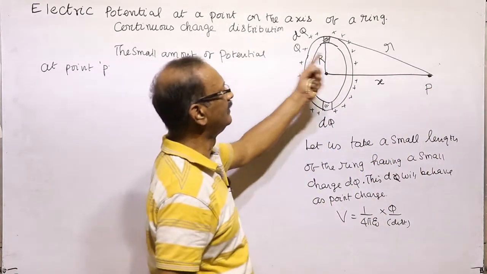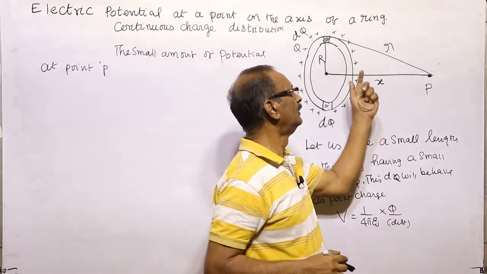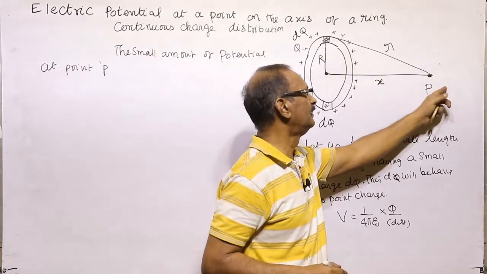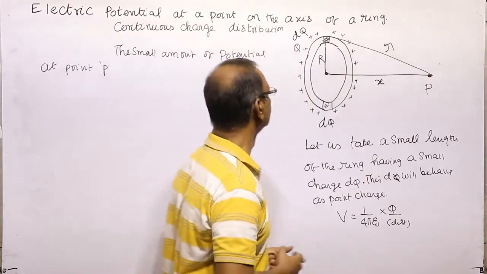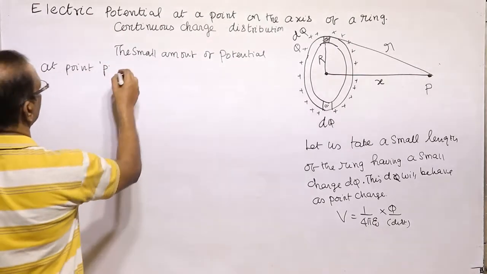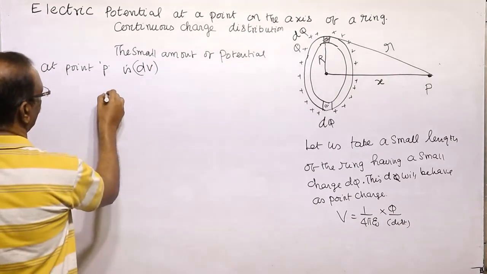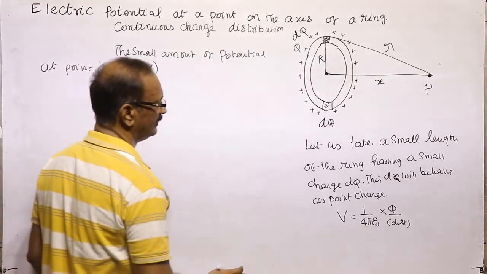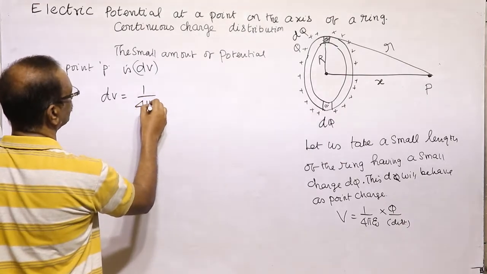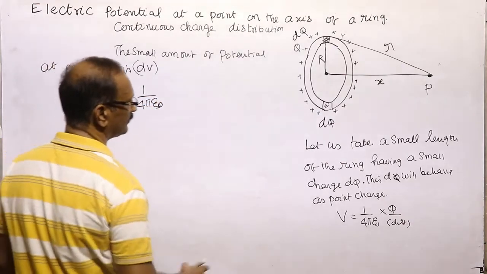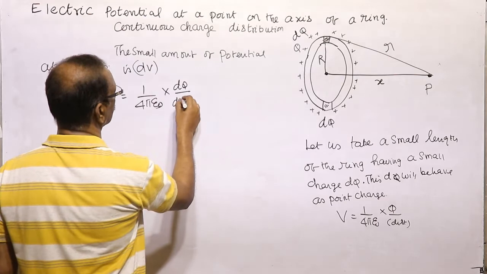So the ring is giving an electric field also, and we want to find out the potential due to the small portion of the charge at this point, and hence we will calculate the potential due to the entire ring at this point. The potential at point P due to this portion is dV, because only a portion it will give. V is equal to 1 by 4 pi epsilon naught into charge dq divided by distance.